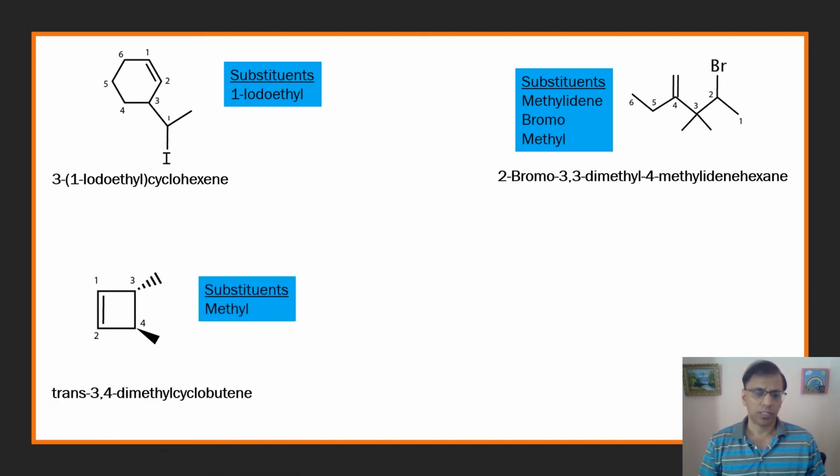So there are two methyl groups as substituents, and since one is below and one is above the ring, it's called trans 3,4-dimethyl cyclobutene.